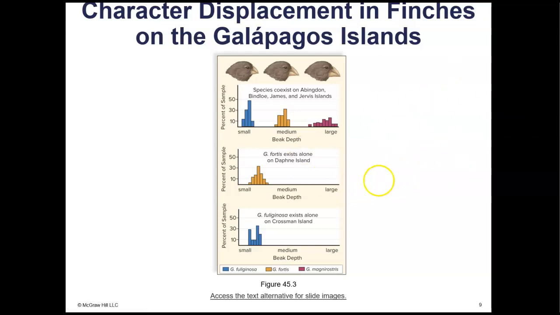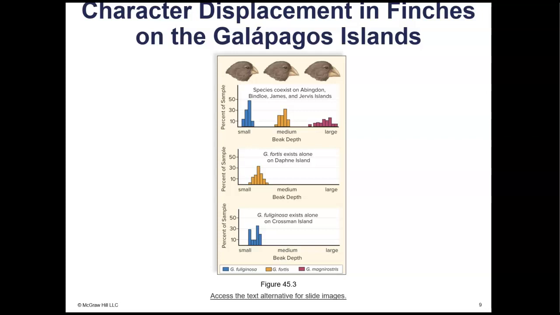What we find when you have a finch that lives alone on an island and doesn't share the island with another finch is that the finch tends to have an intermediate size beak. Here are the three sizes of beaks: the small beak, the medium or intermediate, and then the large, deeper, thicker beak.